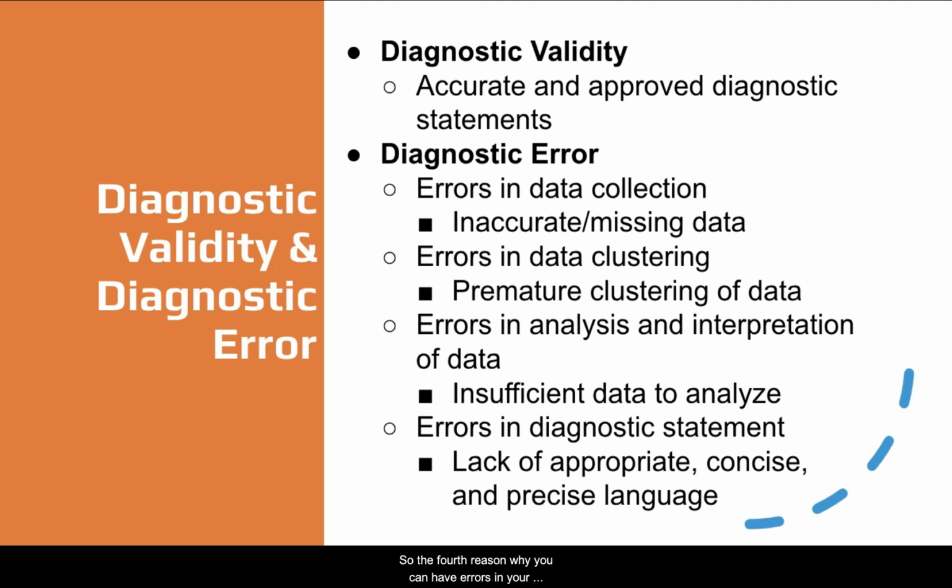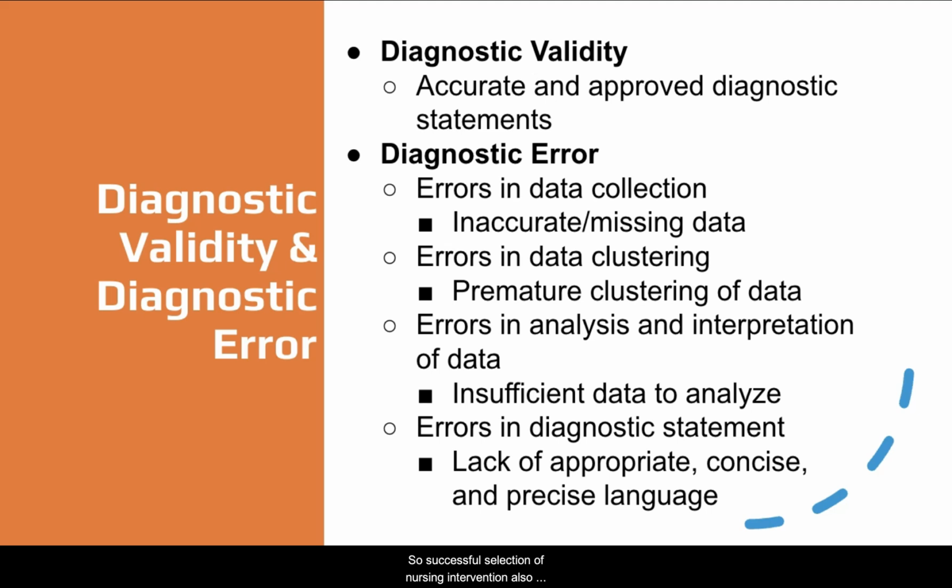So the fourth reason why you can have errors in your diagnostic statement is lack of appropriate, concise, and precise language. What does this mean? It means that sound clinical reasoning enables you to make the judgment needed to identify an accurate nursing diagnosis. The process will lead you then to select interventions that are specific to that diagnosis.